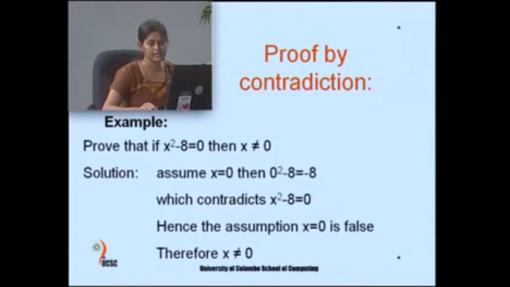Then we can get 0 squared minus 8 is equal to minus 8, which contradicts our fact, that is x squared minus 8 is equal to 0. Hence, we can come to the conclusion our assumption x is equal to 0 is false. Therefore, we can say x not equal to 0.